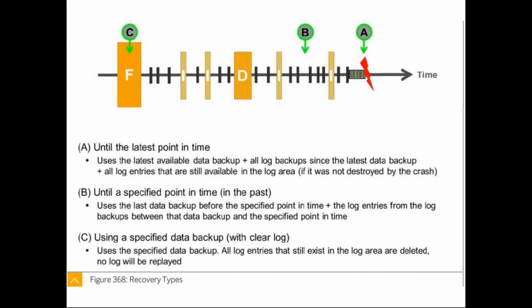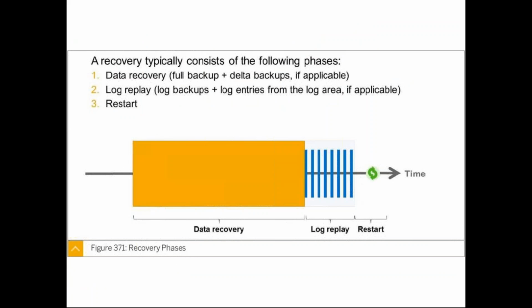So basically these are the three options you have. And if you look at this, typically if you go with option A, the first option, recover the database to its most recent state, there are basically three phases of recovery. First, data recovery, where it uses the full backup and delta backups if applicable.